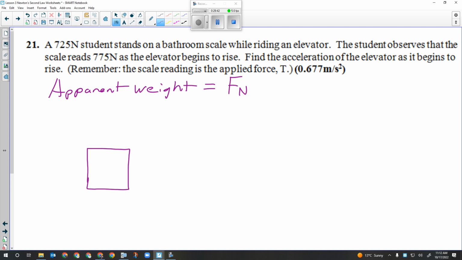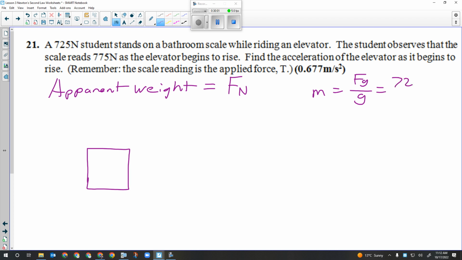All right, so they don't tell us the mass of the student. Okay, and they don't have to because we can calculate it. And that's probably something we should do right off the bat. Mass is the force of gravity divided by the acceleration due to gravity.